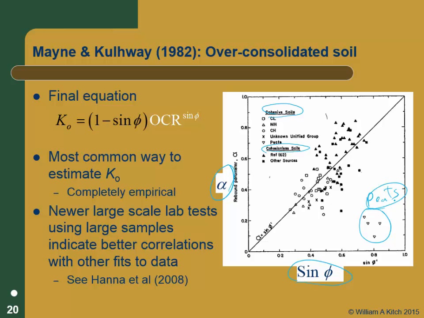So the uncertainty between some of these theoretically better solutions and Mayne and Kulhawy's is way overshadowed by our uncertainty of taking these fits to laboratory data to the field. So Mayne and Kulhawy is probably as good as anything. But now you know from whence it cometh.